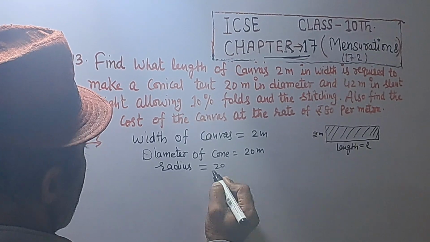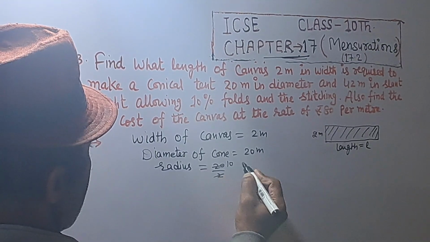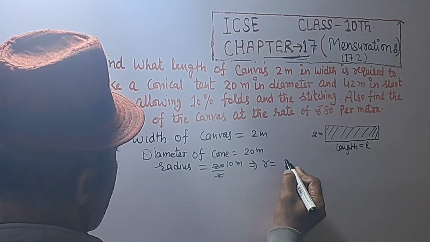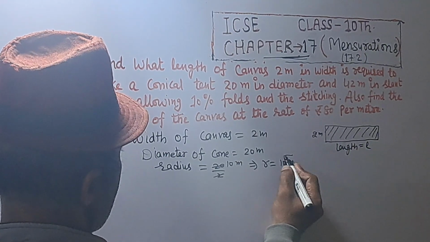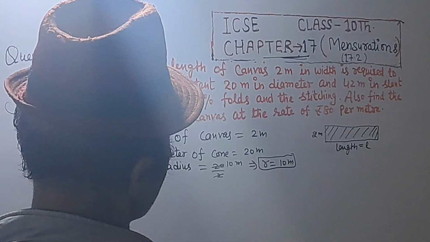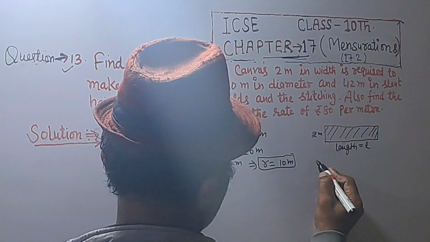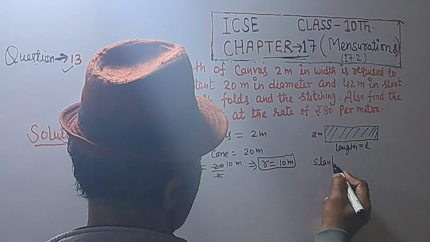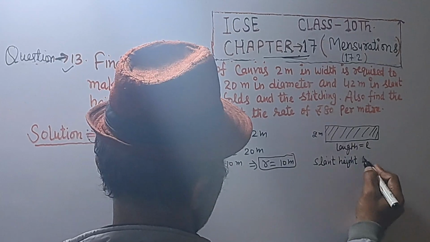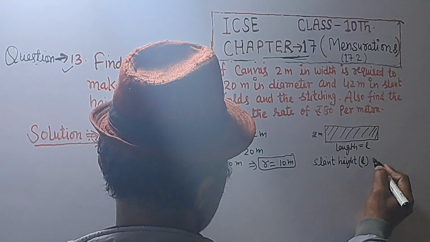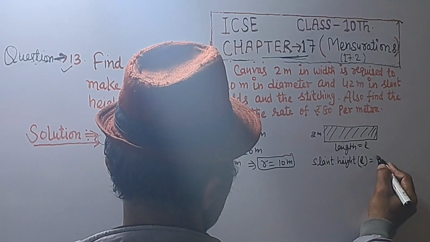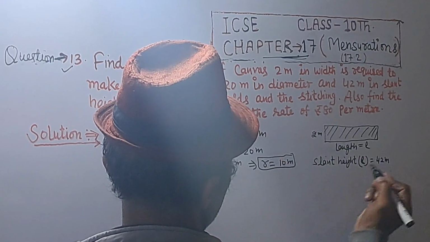Radius is equal to 20 upon 2, that is R equal to 10 meter. Slant height L is equal to 42 meter.